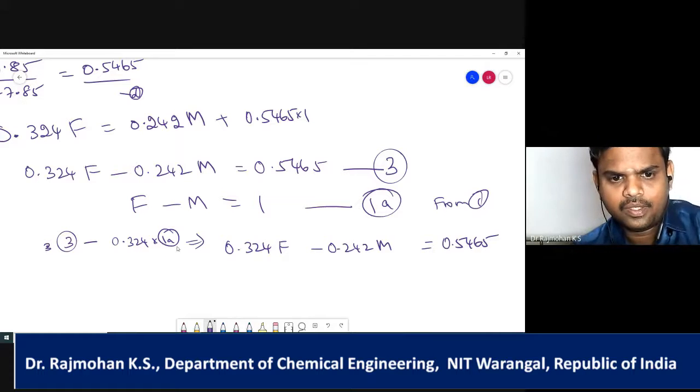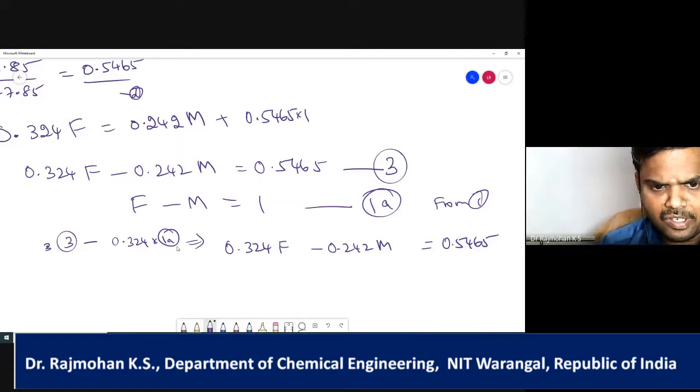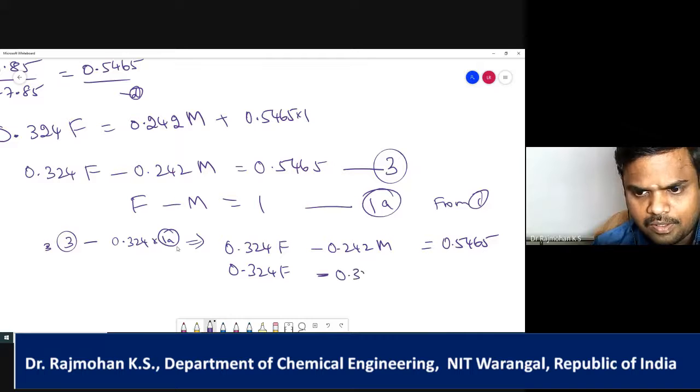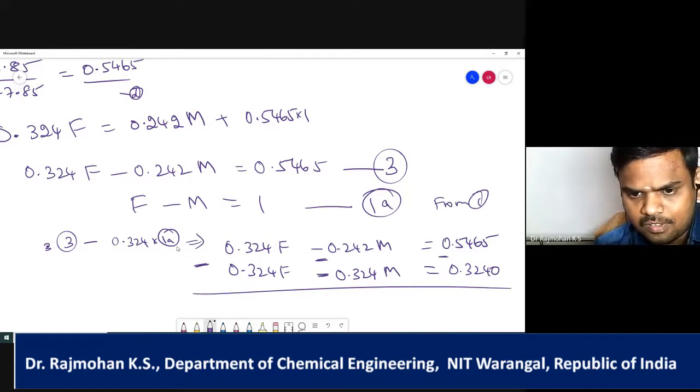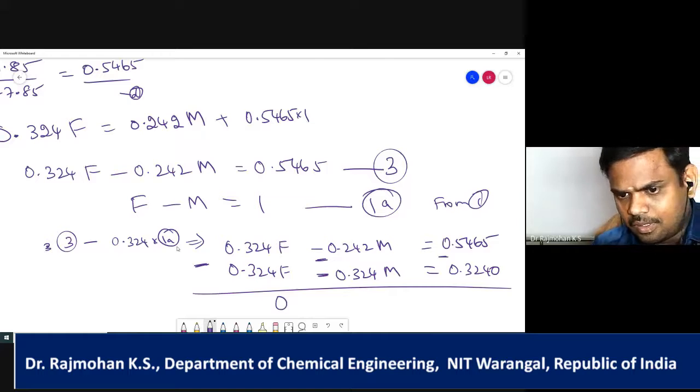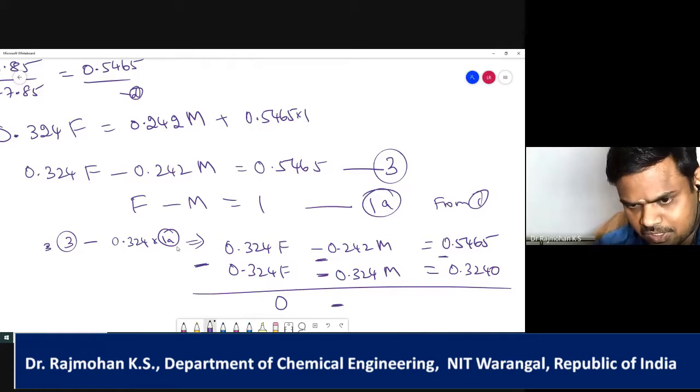If I multiply 1a by 0.324, I get 0.324F minus 0.324M is equal to 1 times 0.324, 0.324. Now if we subtract, F will get cancelled, and minus of minus means plus.